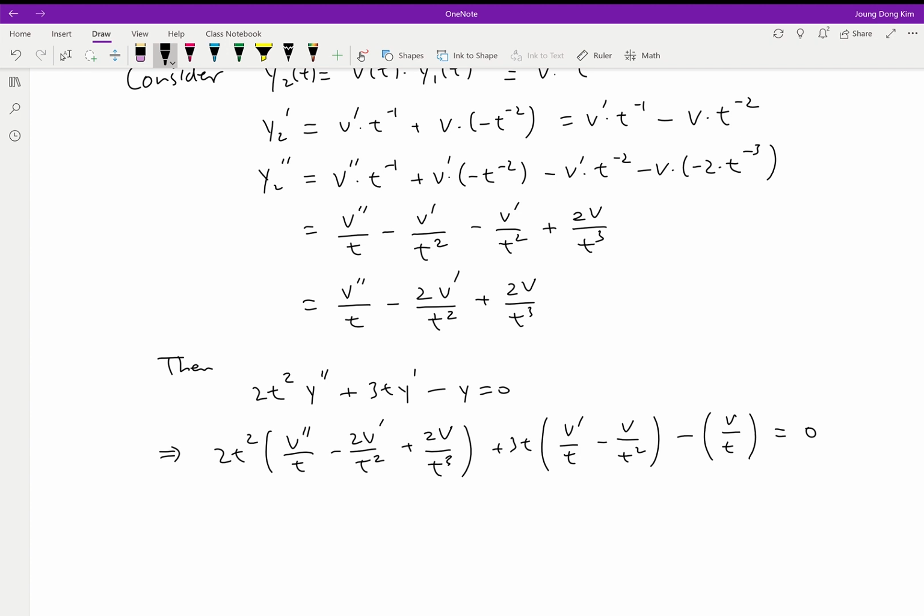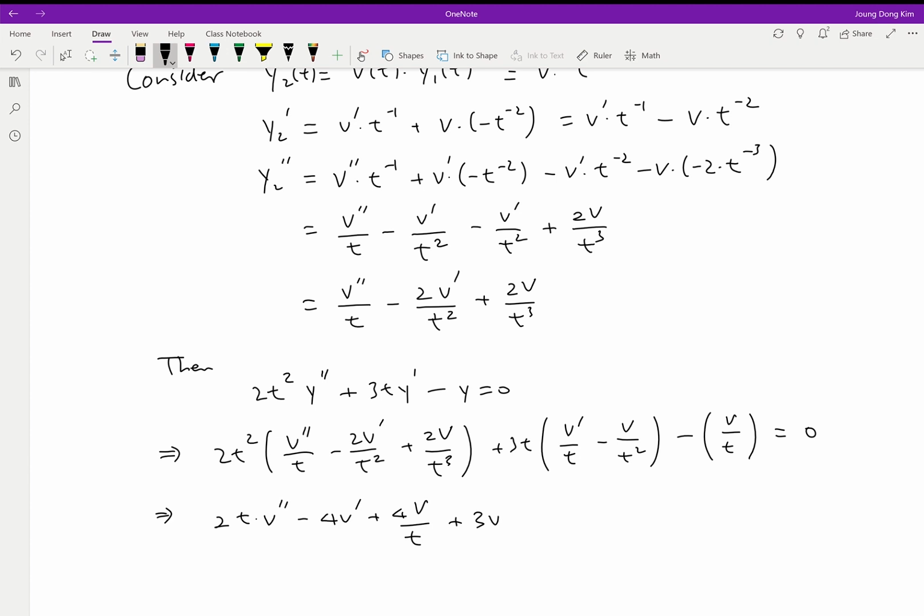Okay, so we would love to find the function v which satisfies this. Let me simplify. Okay, here we go. Then multiply this out. It is 2t v double prime minus 4v prime and plus 4v over t. Then what about our second one?